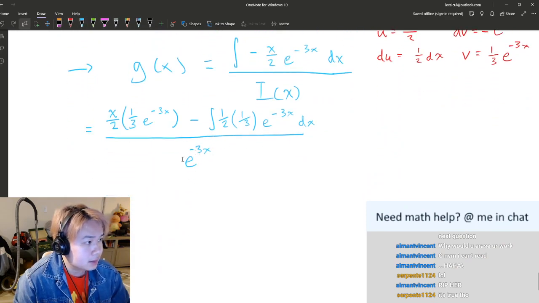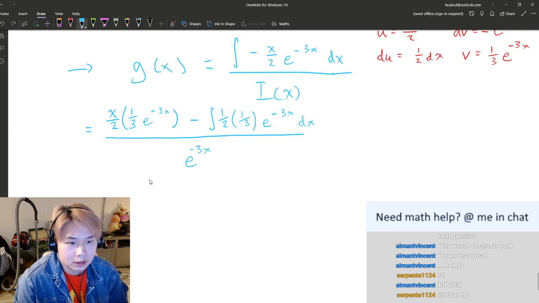Then this was I of x. Okay, and then we just need to do this part, and then maybe simplify this part.